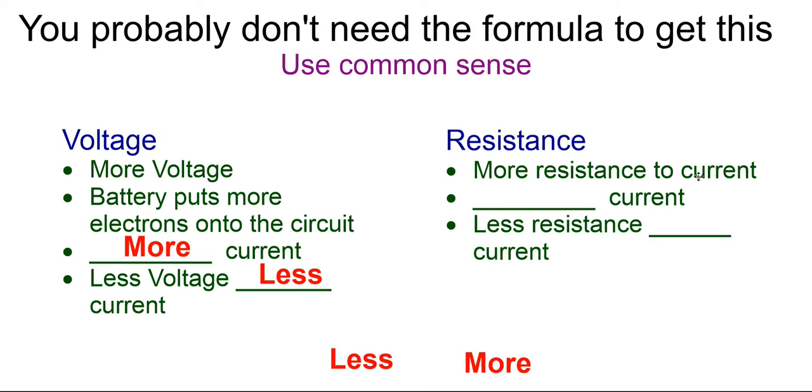So right there, just from the definition of resistance, you know that more resistance is less current, isn't it? If you have more resistance to current, you're going to have less current. And then down here, less resistance, well, that's easy too. Okay? So it's pretty much common sense, isn't it? More voltage, more current. More resistance, less current. And vice versa for both of them.